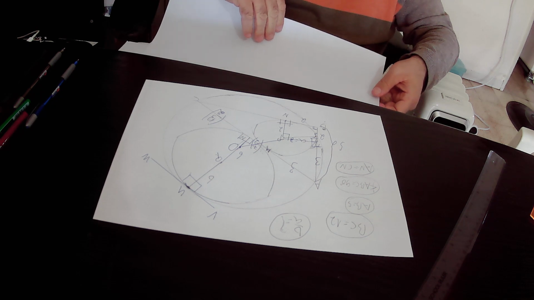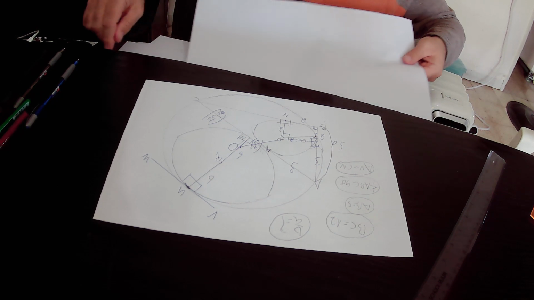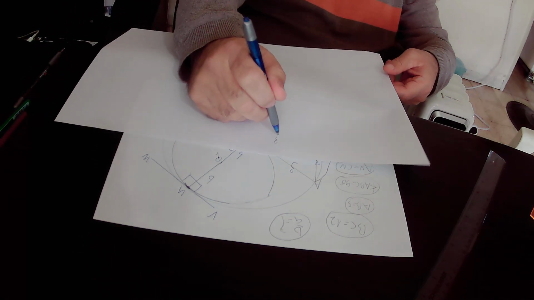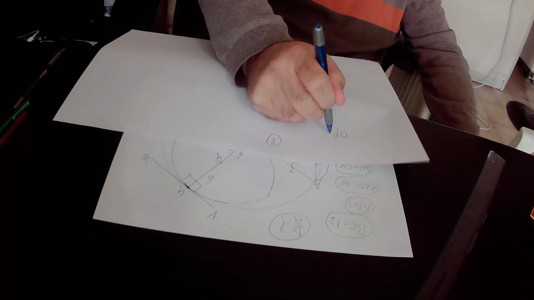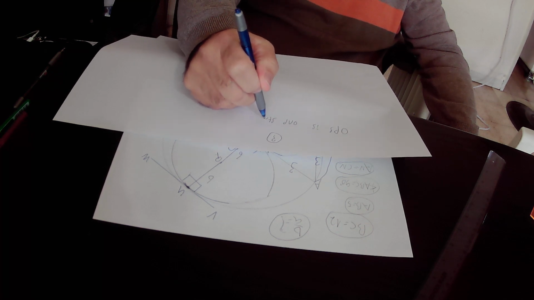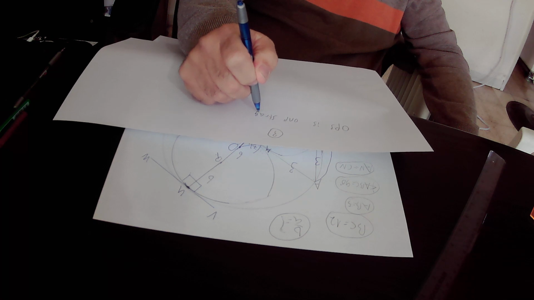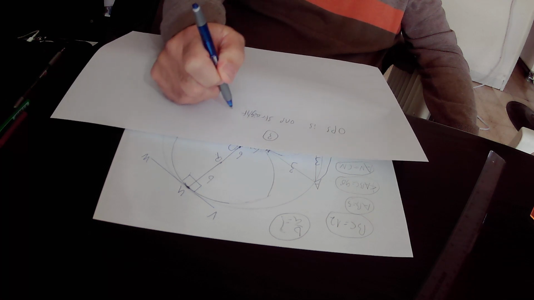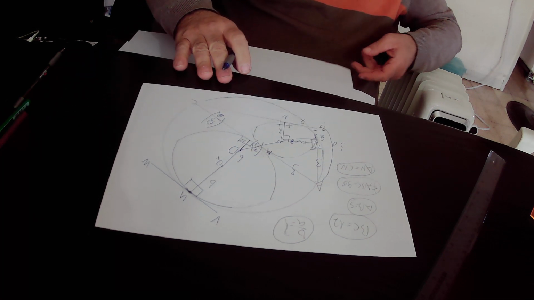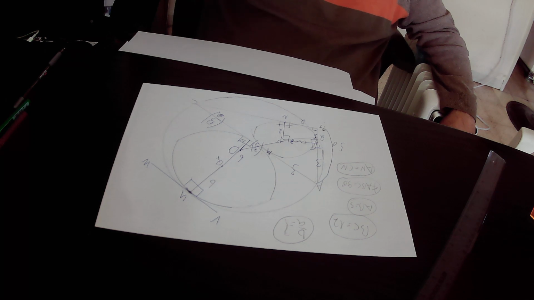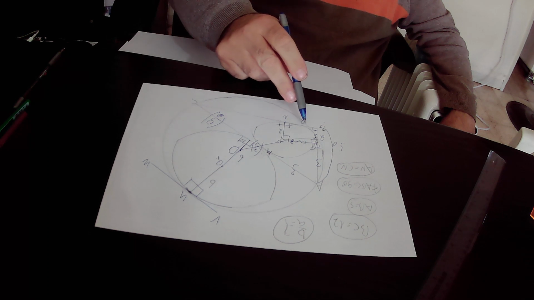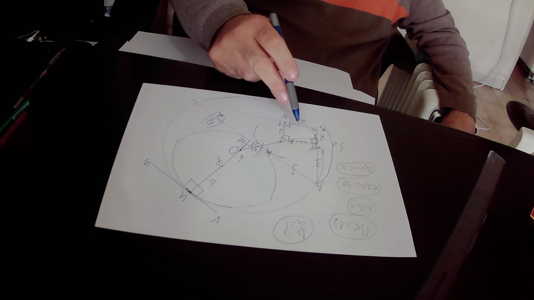So if OPS is one straight line, you can conclude from it that OS minus PS equals to PO.